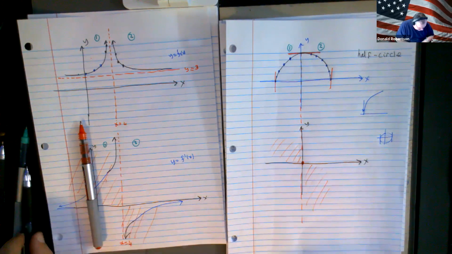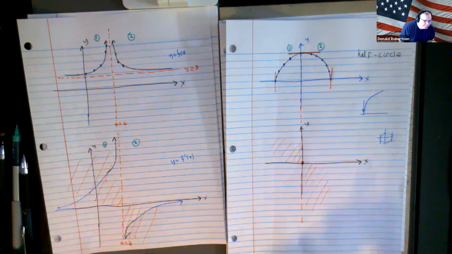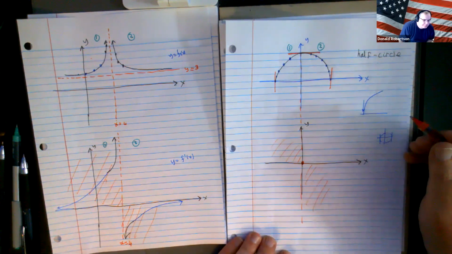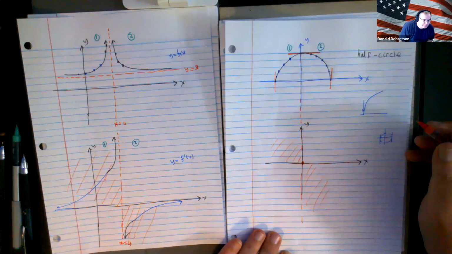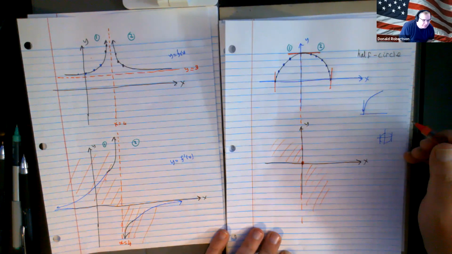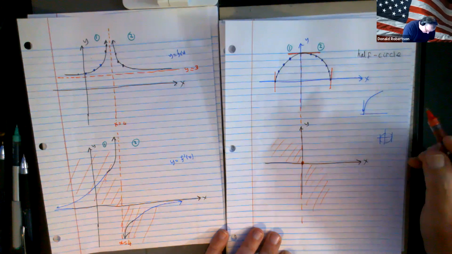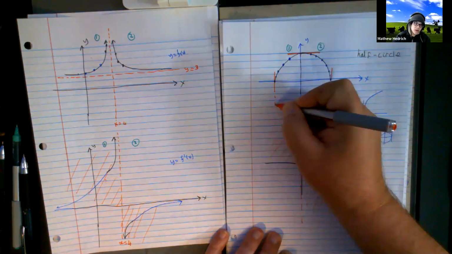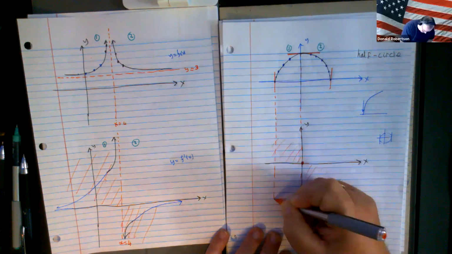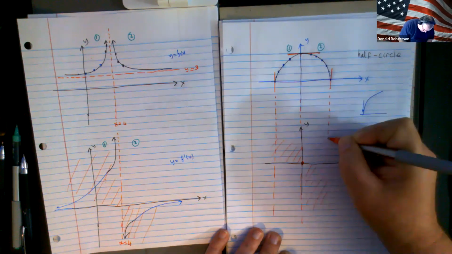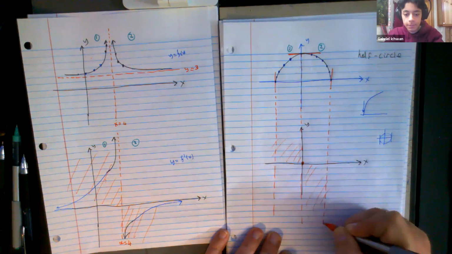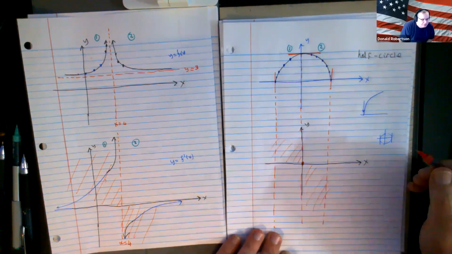What is the slope of a vertical line? That's undefined. Right, undefined. But we are a little bit more detailed about what kind of undefined. Wouldn't we also say infinite?